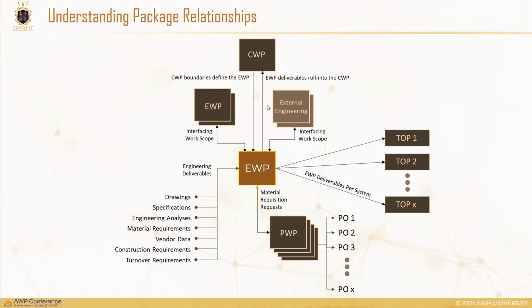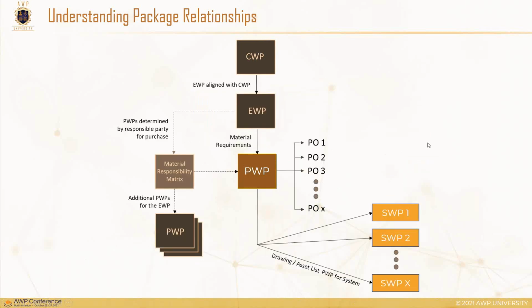So we need to ensure that we have that mapping and understand the implications of delay or inaccurate scheduling to those turnover systems. All right, so that's the basis of the EWP. We're going to now go look at the PWP. And there again, we look at that as kind of a grouping of data.